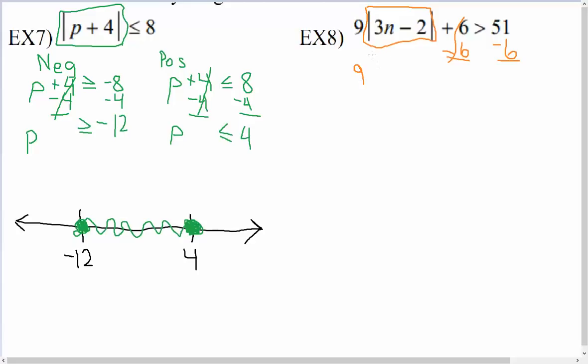So we're left with 9 times the absolute value, 3n minus 2. It's going to be greater than 45. Now that's 9 times, so the way we get rid of that is we divide.